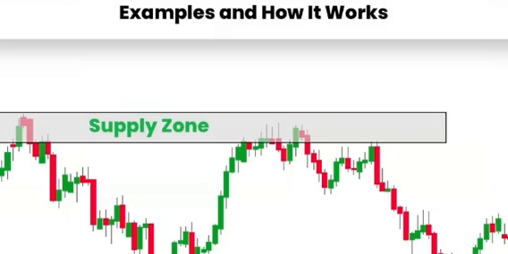So support is a market price where the market rises, which is demand, and the supply zone is an area of the market where the market falls. So don't forget, you look for an area of multiple rejections, and then you will be able to determine your supply or your demand zone on the forex market.